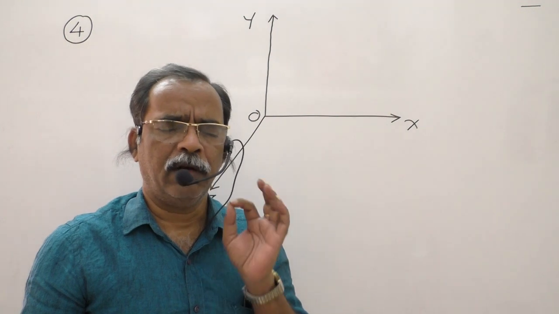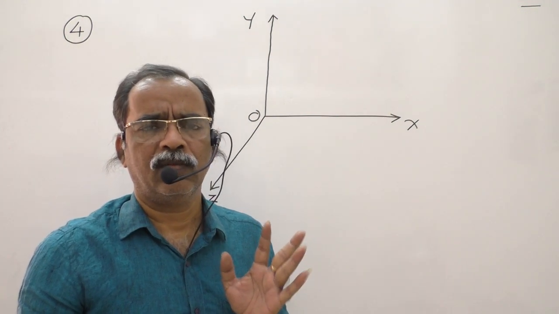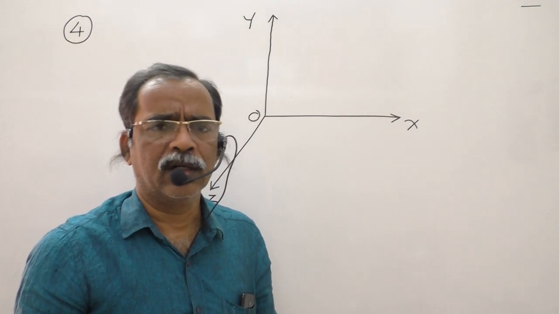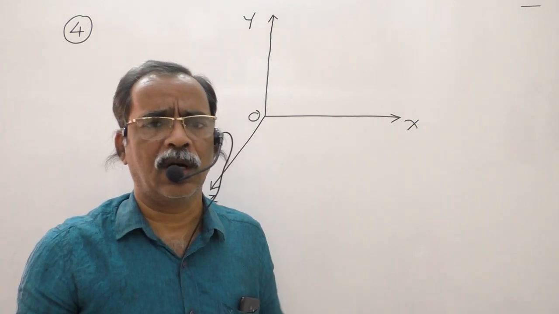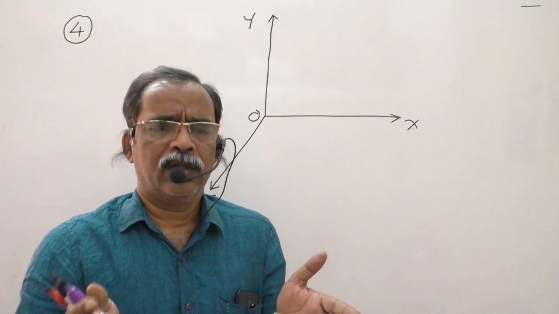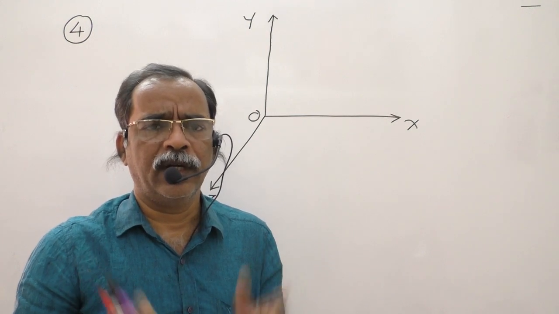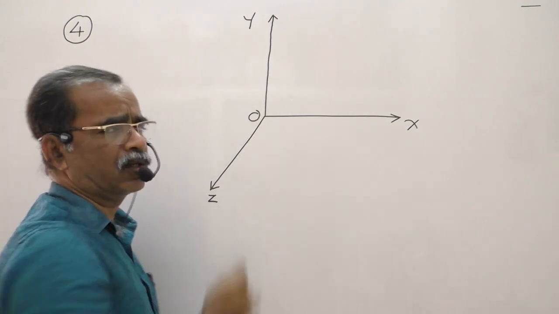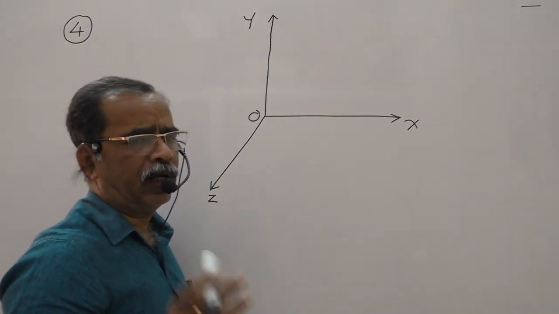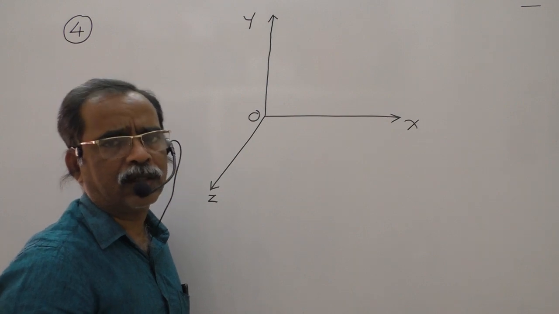In geometry, every curve is a locus. Straight line, pair of lines, circle, parabola, ellipse, hyperbola, all the curves are loci. Locus means a set of points satisfying some condition. So here the x-axis is also a line, so every line is a locus.